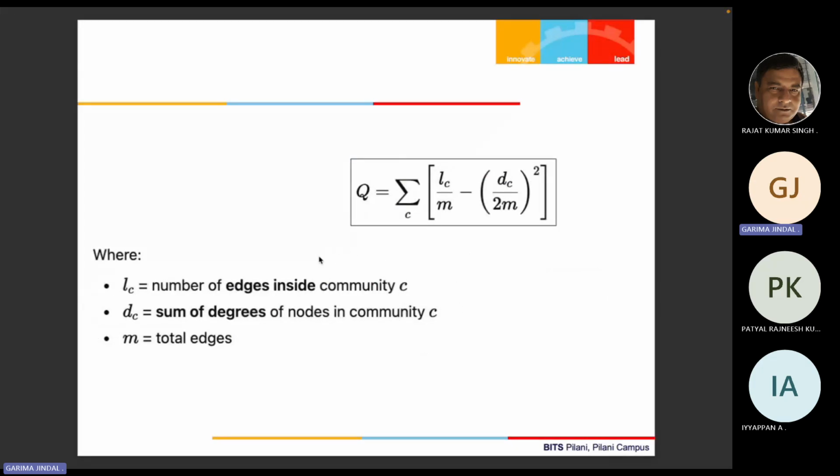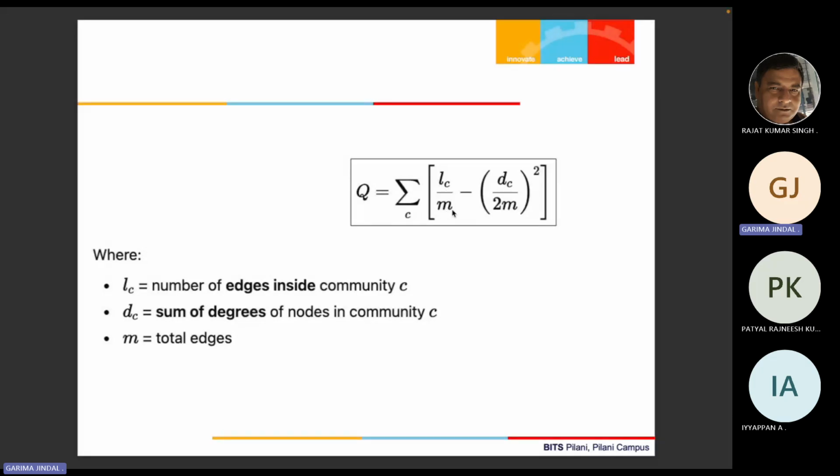Then we have seen that for the numerical purpose, we use this particular formula in order to calculate the modularity. This is a slight variation of the formula for calculating the modularity, where LC is the number of edges inside the community. So we will have these communities in the partition. Now for each community, we are going to calculate the number of edges inside the community.